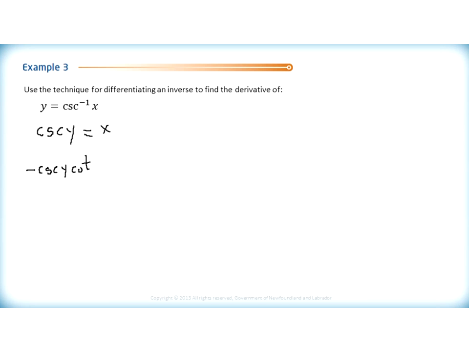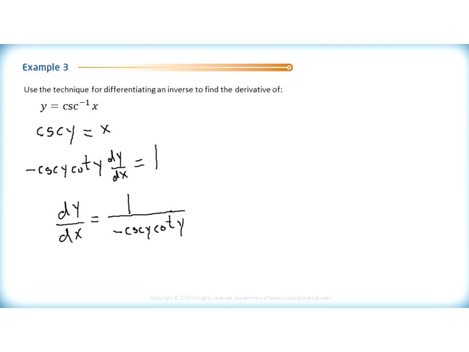So this one looks a little more complicated all of a sudden, multiplied by the derivative of y, which is dy over dx, and that'll be equal to 1. So now we have dy over dx is going to be equal to 1 over negative cosecant y times cotan y.